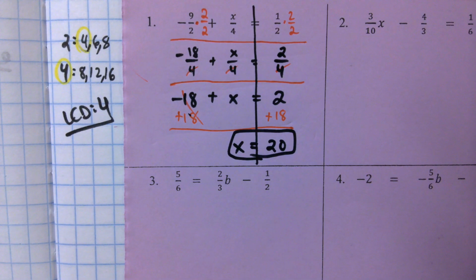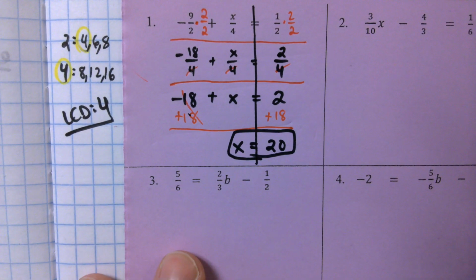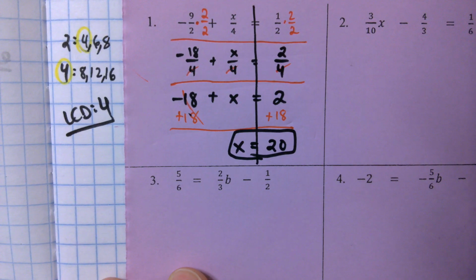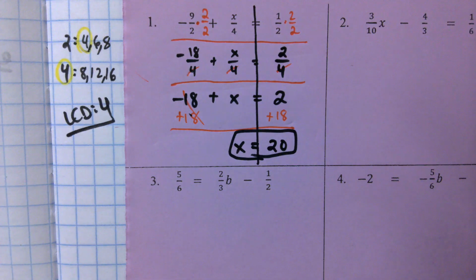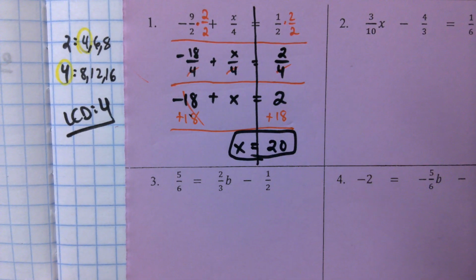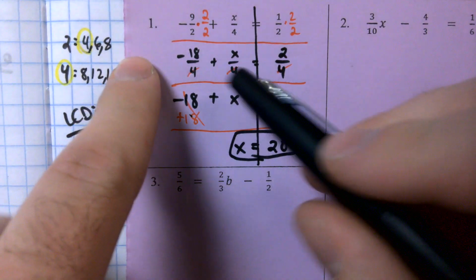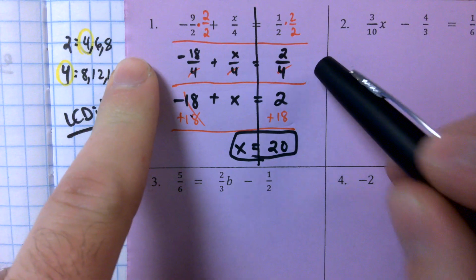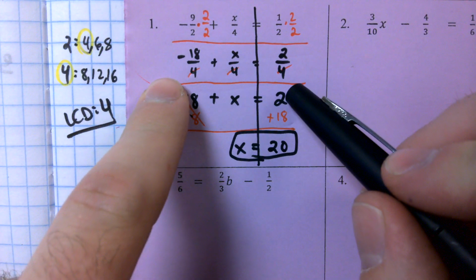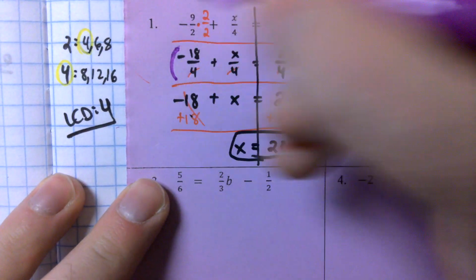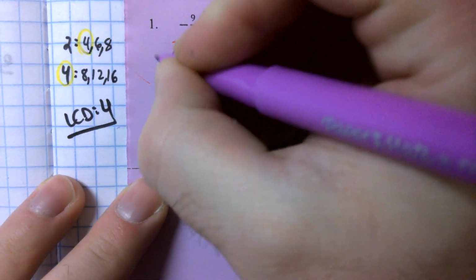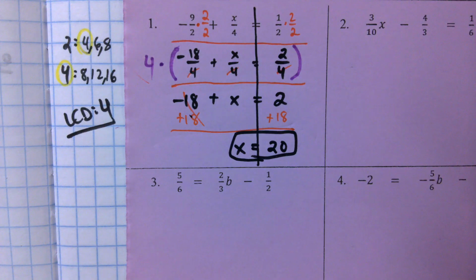Feeling pretty good? It's hard to tell. Yeah, Precious. Great question. Why did I just cross out all these 4s? Well, technically what I did, that I kind of should have said, is I took this whole equation and I multiplied the whole thing by 4.